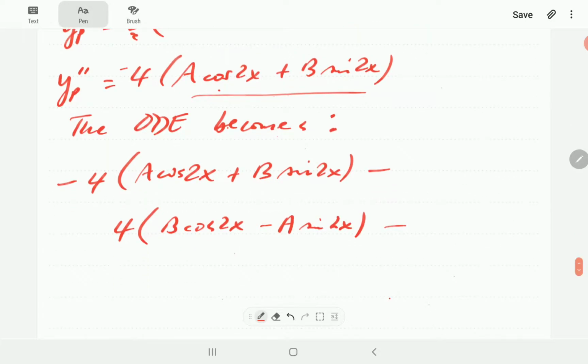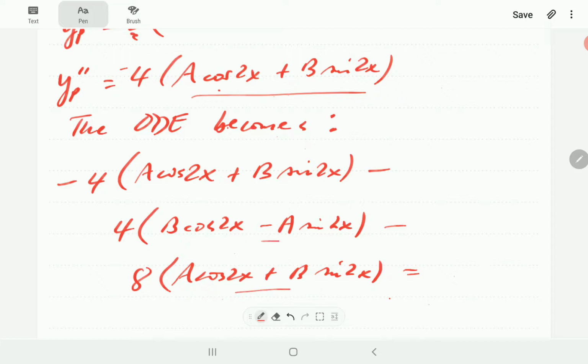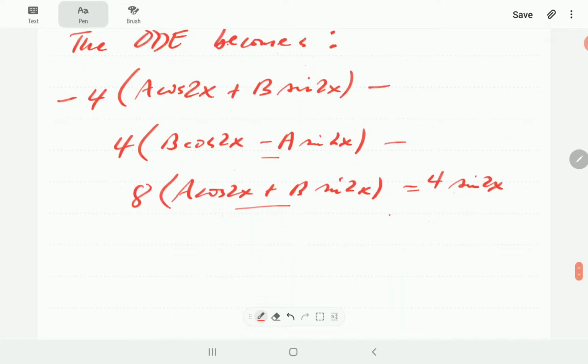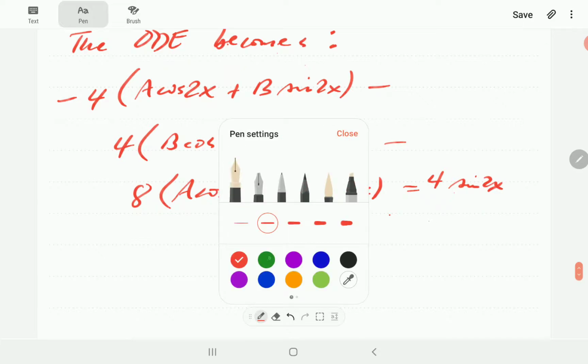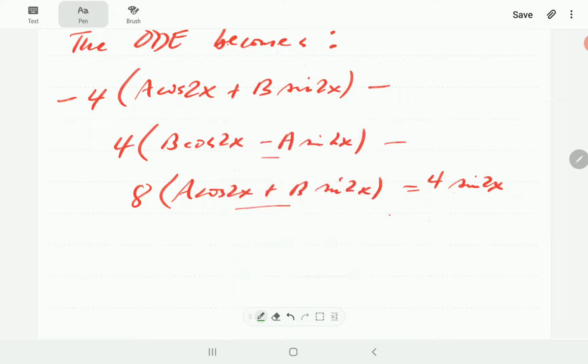Then the last one is minus 8 times a cosine 2x plus b sine 2x. This is y, this is y prime, this is y double prime. Then on the right hand side we've got 4 sine 2x.